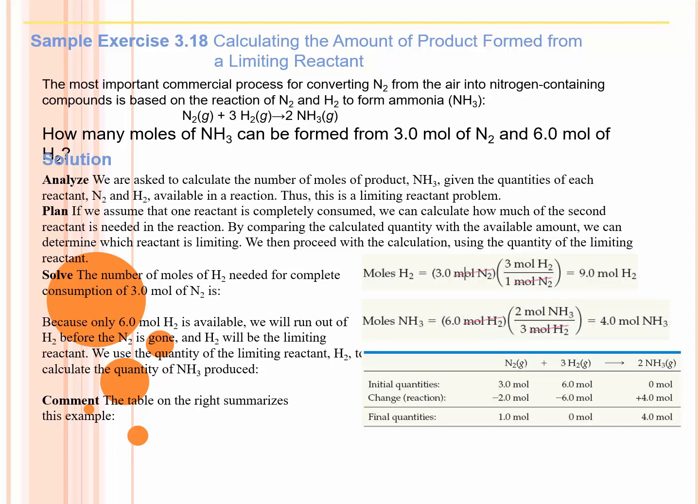We use this quantity of limiting reactant, H2, to calculate the quantity of product. So moles of product, 6 times 2 divided by 3, and you get 4 moles of NH3. Again, you can generate this table in order to solve this problem.